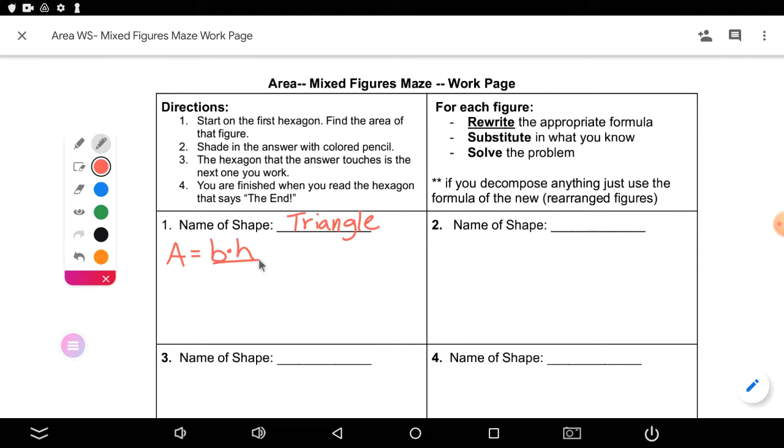A equals base times height divided by 2. Then you would have a substitution step. I'm making this up. Don't write this. You may have some scratch work out here to the side. If you don't have enough room, you may have to do some scratch work on loose leaf.